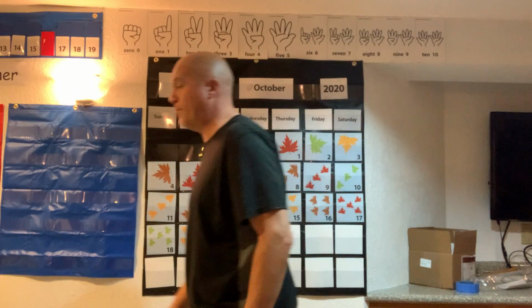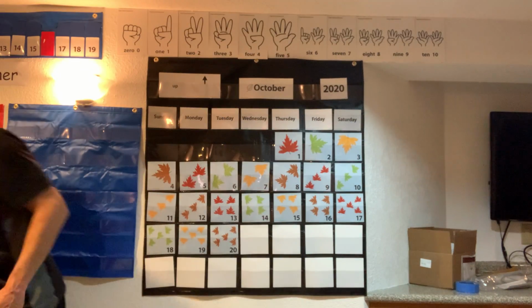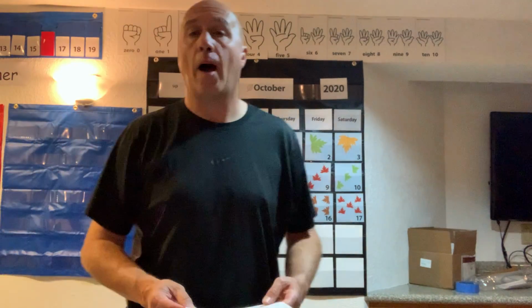Now yesterday, I read you a poem about our leaves. So let's listen to our poem and see if you can hear the pattern and the colors, and listen for our words we're learning. Red, green, yellow, brown. Look at the leaves as they come down. Red, green, yellow, brown.